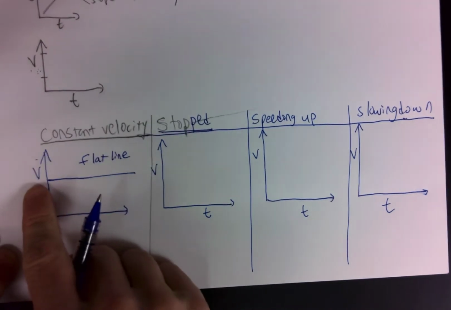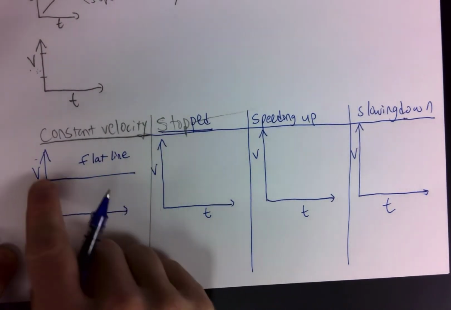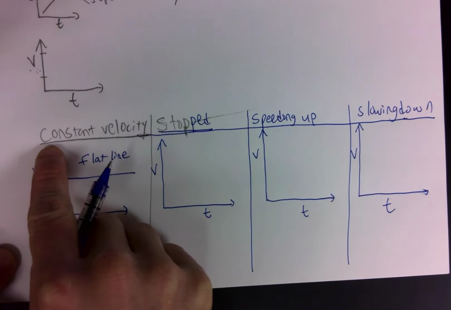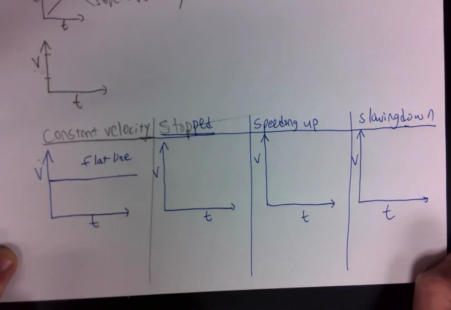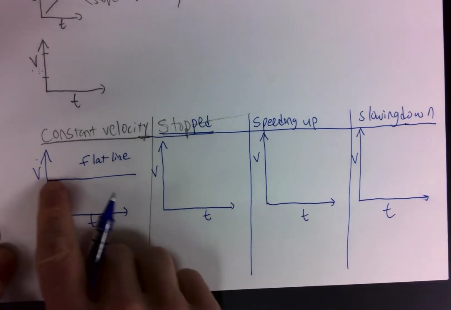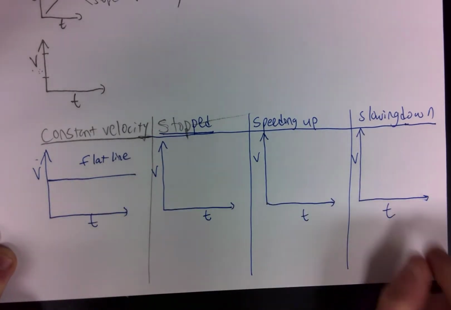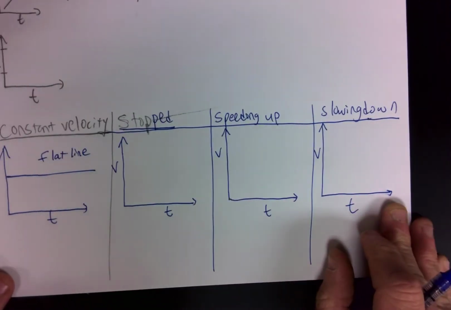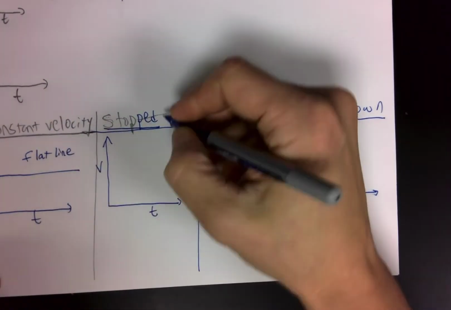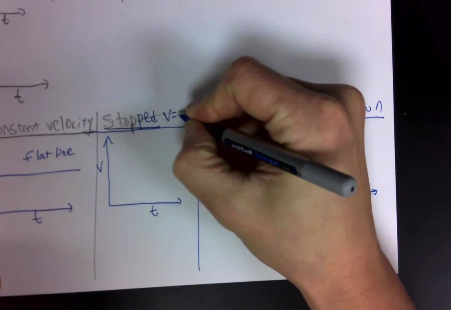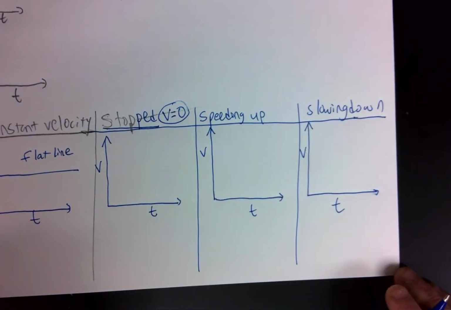Because the velocity is on the y-axis, a flat line will mean that the velocity is not going up, like getting faster, and the velocity is not going down. That would be like getting slower. If it's a flat line, it means the velocity is staying the same. Now for stopped, that means it's a constant speed too, a constant speed of 0.